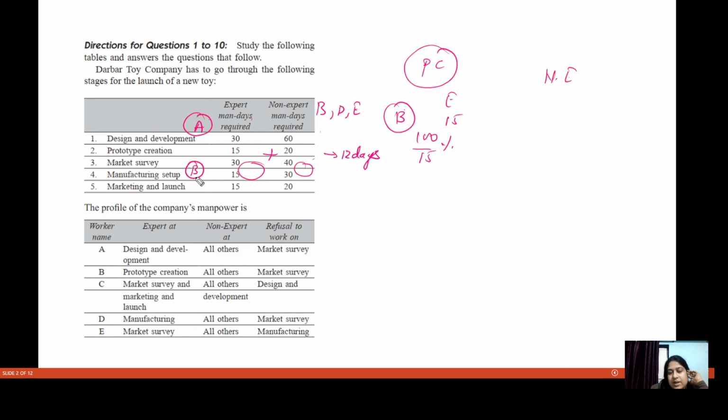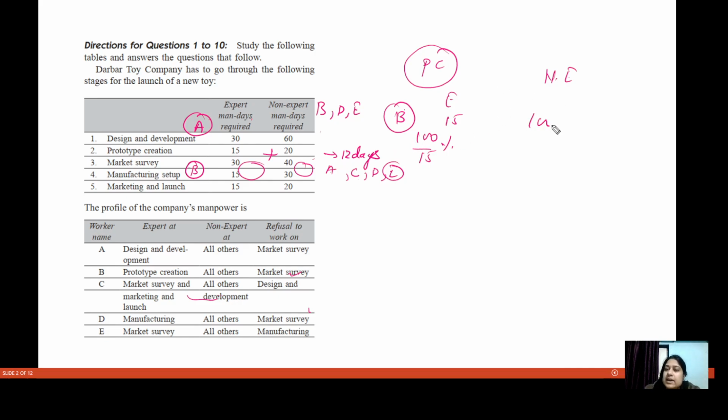B is expert in prototype creation, and then we have A, C, D, and E as non-experts, working in 20 days.